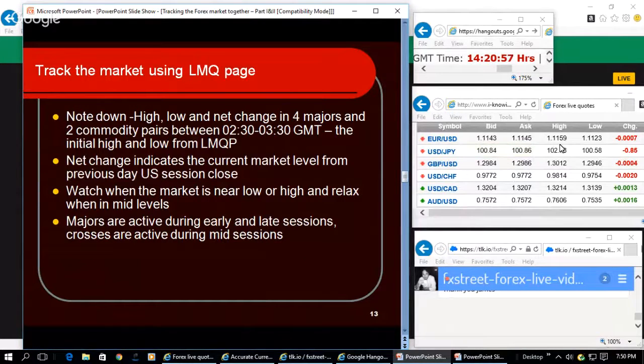So we understand how the market is making the move near that of the initial high, near that of the initial low, in order to find out what could be the possible move they could do during that of the session. And also we look into that of the net change and understand what they are trying to do at a given time.